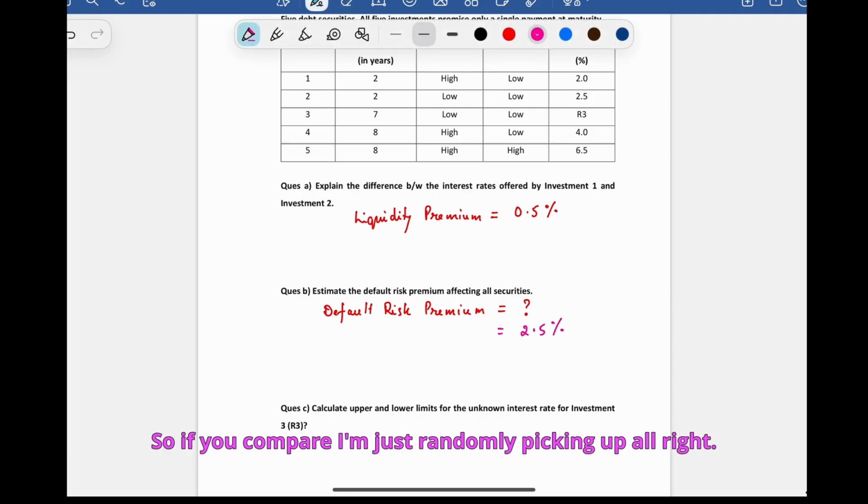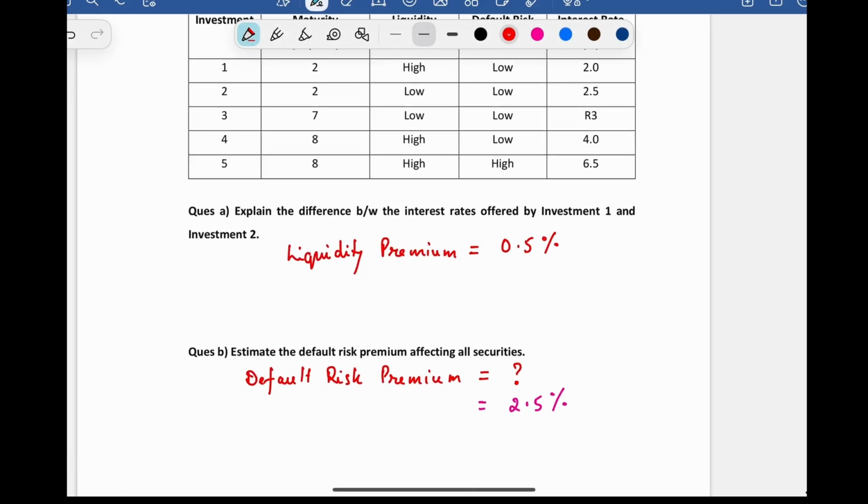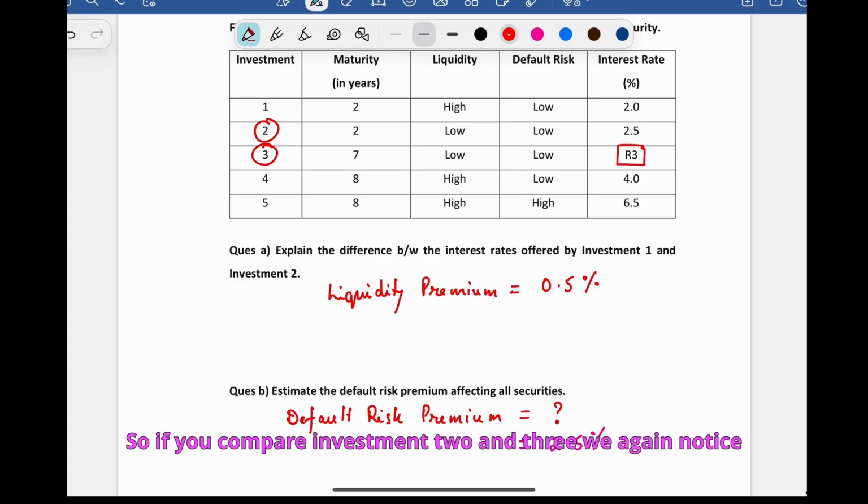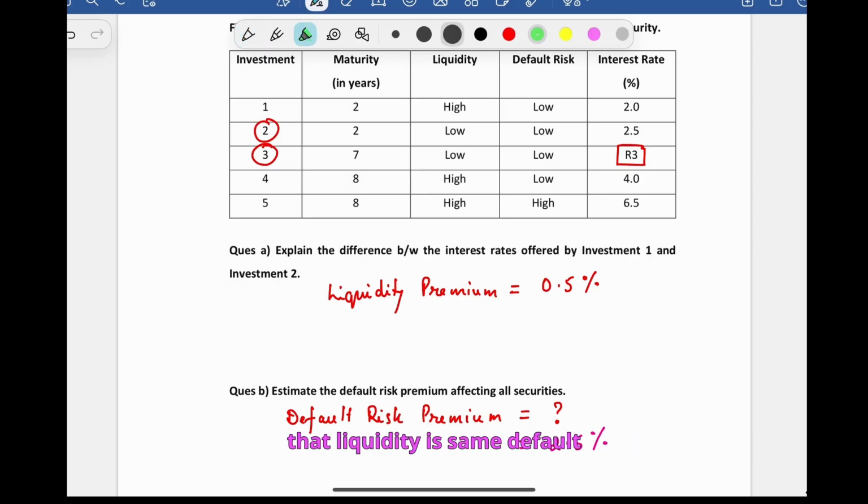I'm just randomly picking up, alright. If you compare investment 2 and investment 3, because we have to find this one out, right? If you compare investments 2 and 3, we again notice that liquidity is the same, default risk is the same, right? The only difference is the maturity.